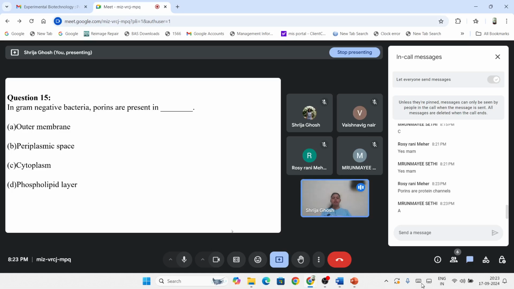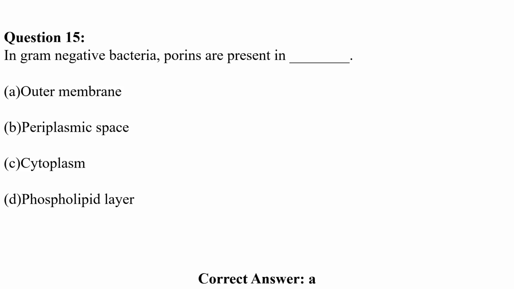Okay, so where are these present? Mrinmay has answered option A, outer membrane. Yes, that is the correct answer. So it is present in the outer membrane. I told you that these are there for transportation of molecules, right? So they are present in the outer membrane and they are like a pore. So basically we have the membrane like this, and then we have these porins that are basically hollow.